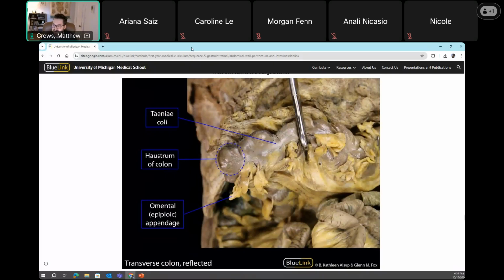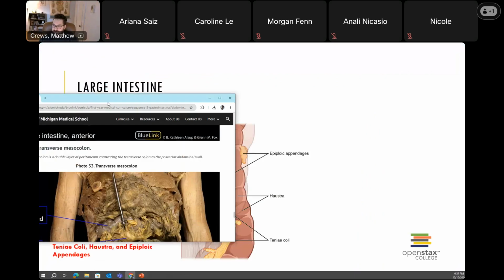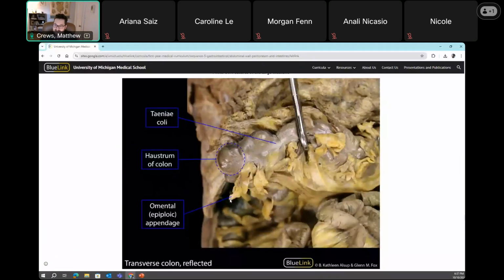And then you also have these little fat dangly things right here. Those are omental appendages or epiploic appendages. So those are what that is. And then you've also got this line on your colon, okay, all the way around it.